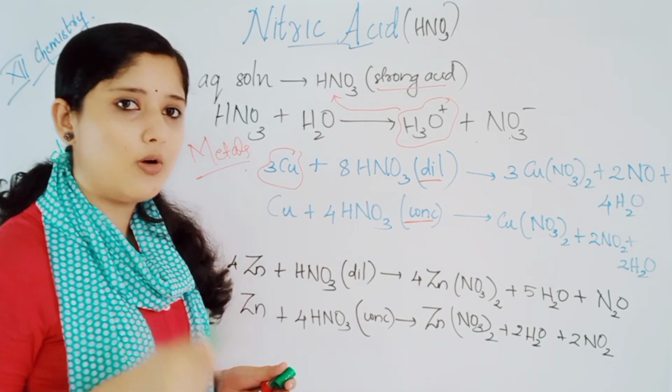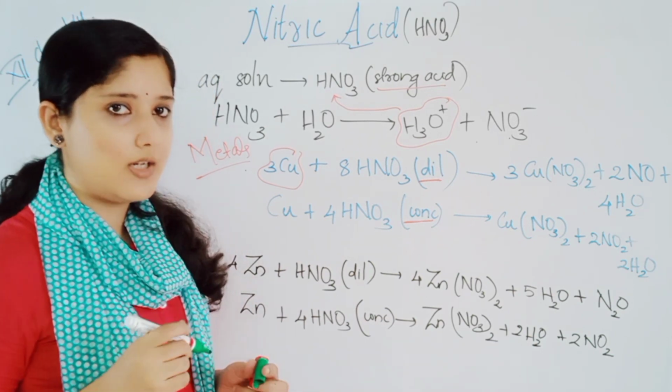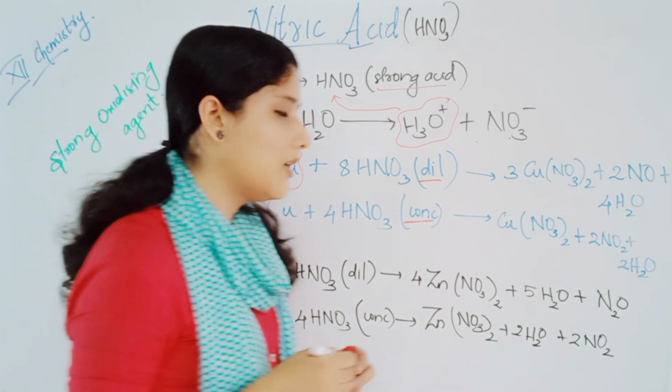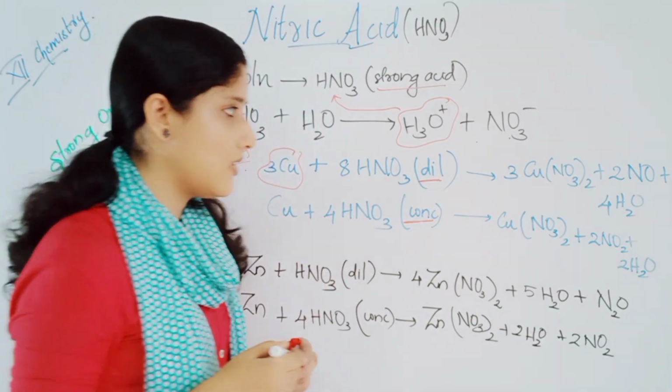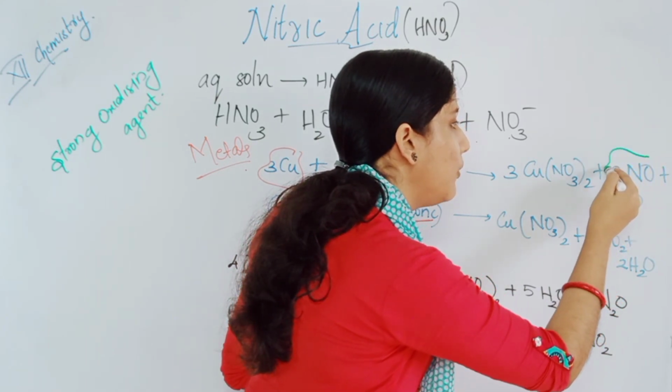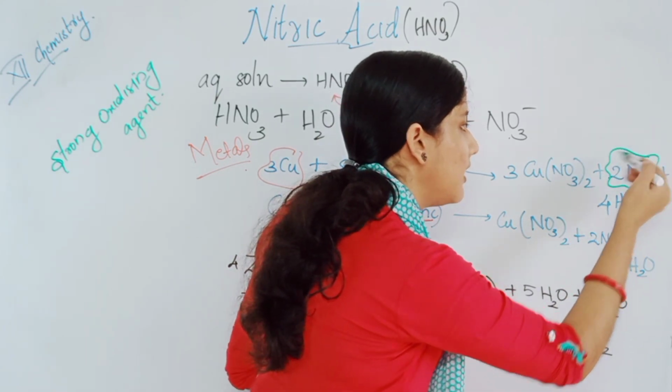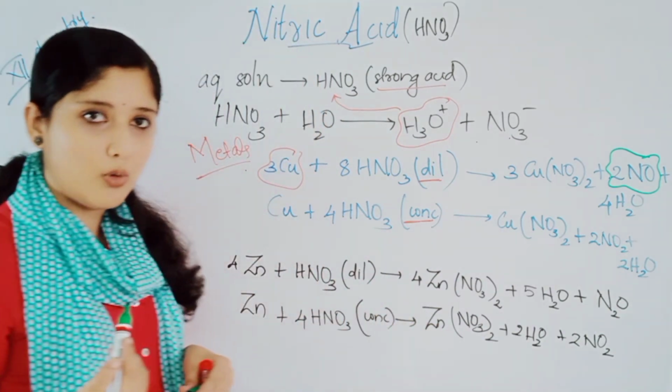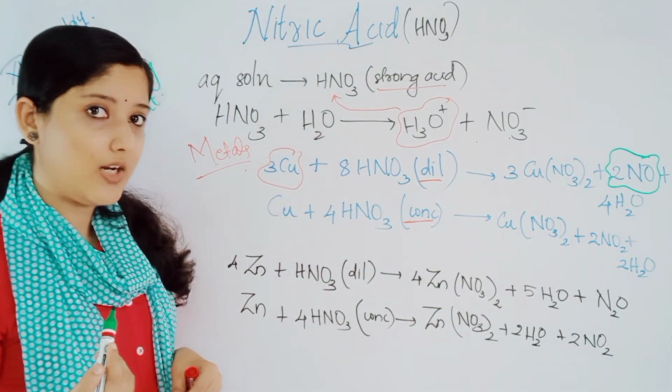You will have many oxides: nitric oxide, nitrous oxide, and so on. When copper reacts with dilute nitric acid, the product is NO, nitrogen oxide.